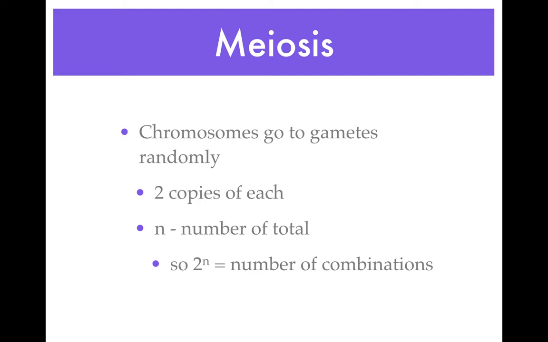But if we want to figure out how many possible combinations of chromosomes we could get, to do that, you take the number 2, because there are 2 copies of each chromosome, to the power N, which is the total number of chromosomes, and that will give you the number of possible gametes that organism can make.